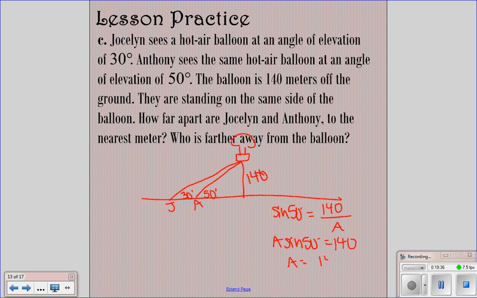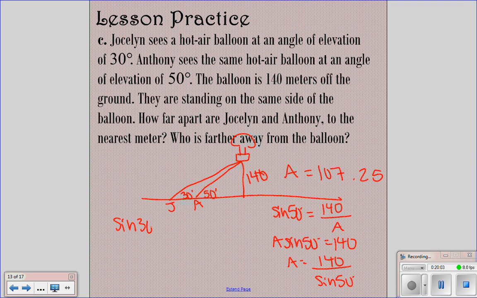You're going to have 140 over the sine of 50. And so your A should equal, you plug that into your calculator, 107.25.